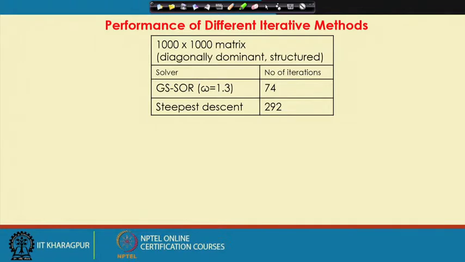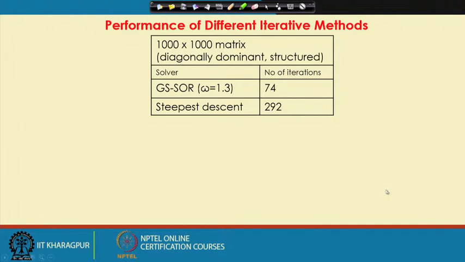We use an over-relaxation factor close to the optimum, found by numerical experiments where we get the best convergence rate. With GS SOR, the solution converges in 74 iterations, whereas steepest descent, though this is a symmetric positive definite matrix, is much slower, taking 292 iterations.